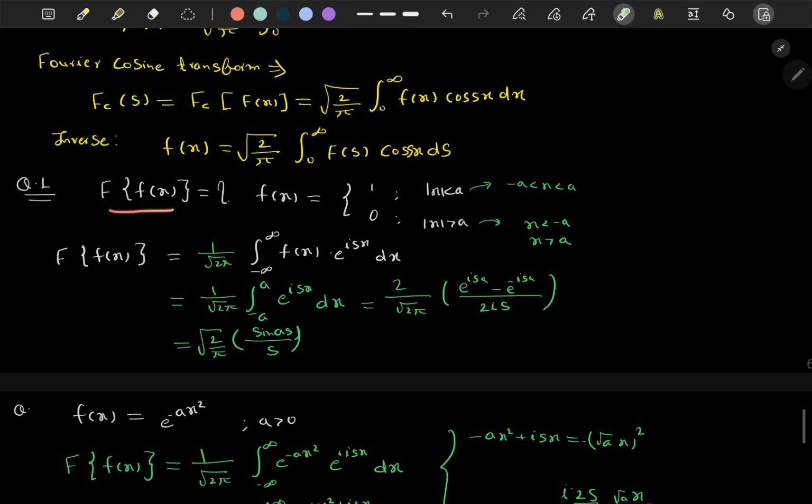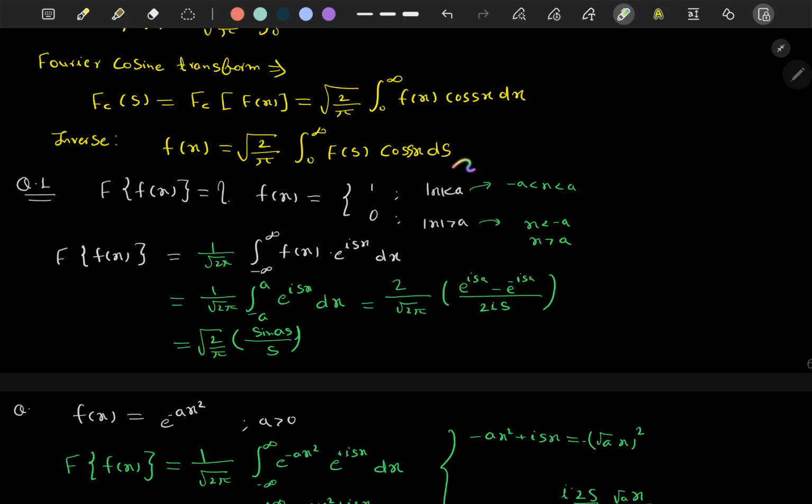So the Fourier transformation of this function, where the function is 1 and 0 in terms of mod x. It is 1 when mod of x is less than a, and what does mod of x less than a represent? This function lies between minus a to plus a. And what is represented by mod of x greater than a? Apart from this, when x is less than minus a and greater than a.